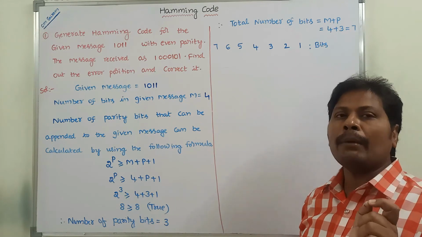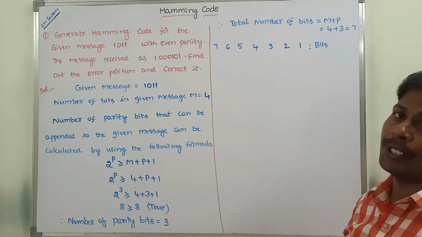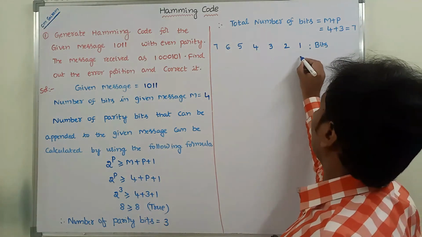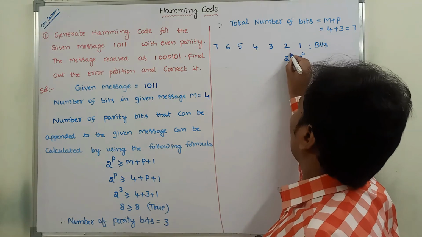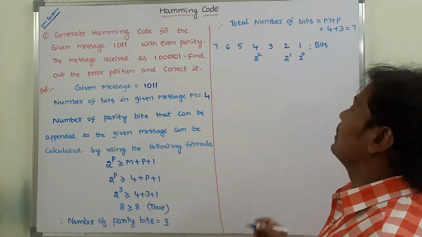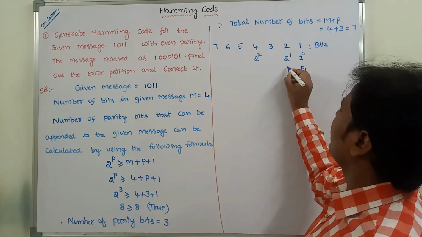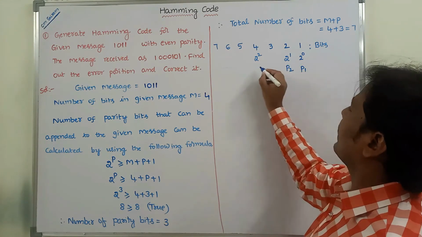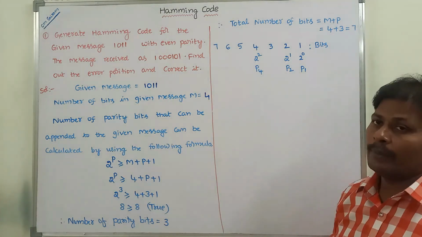The parity bits are always located at powers of 2 positions. So 1 can be written as 2 power 0, 2 as 2 power 1, and 4 as 2 power 2. The corresponding parity bits are P1, P2 and P4.